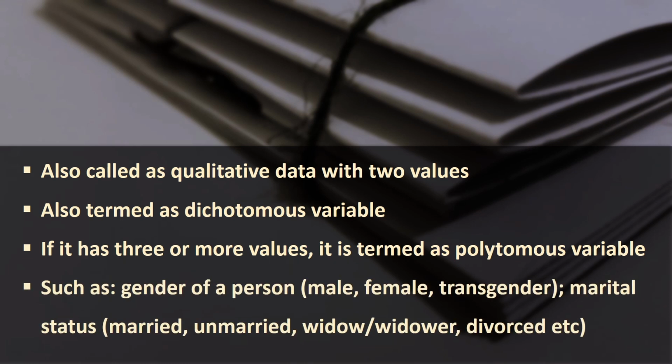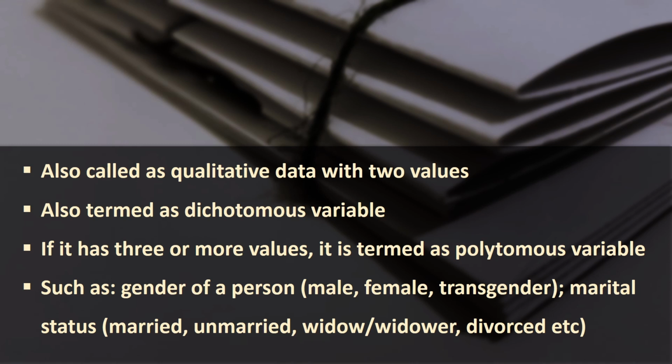For example, if I am trying to find out the gender of a person, male, female, transgender, or maybe the marital status of an individual, married, unmarried, widower, divorced, separated, etc. So, 3 or more variables means it is called a polytomous variable.